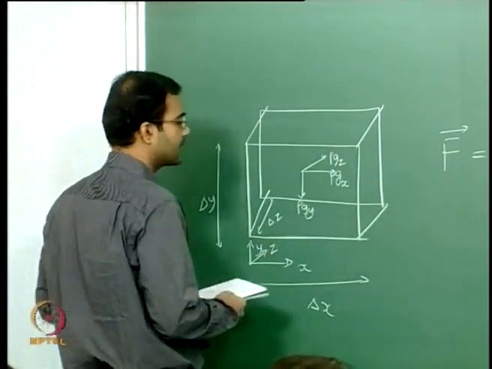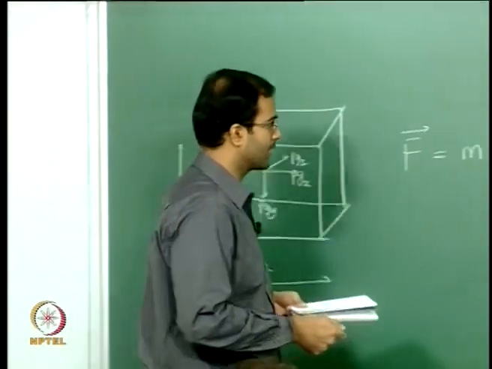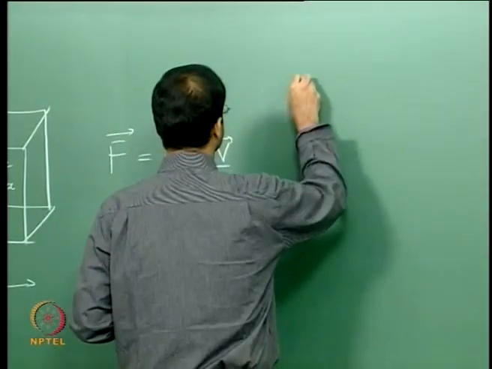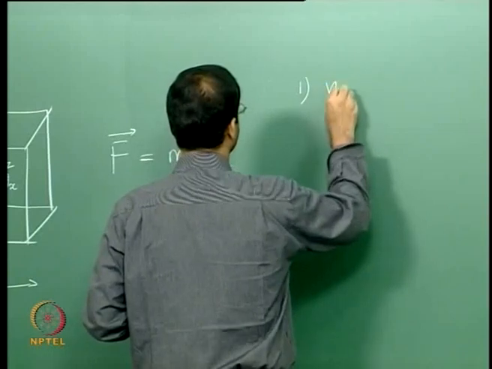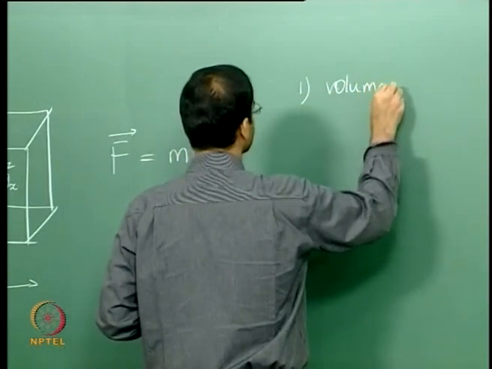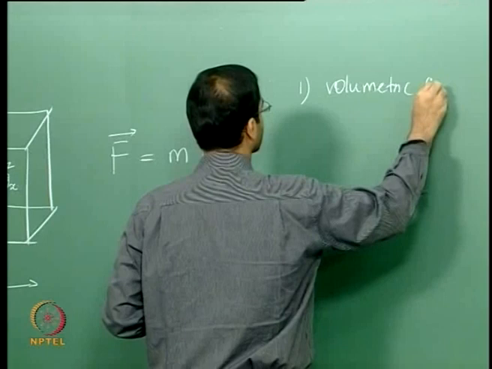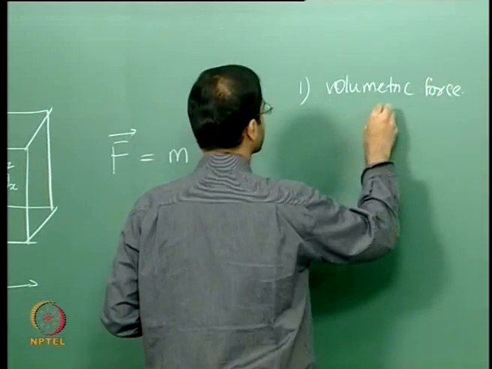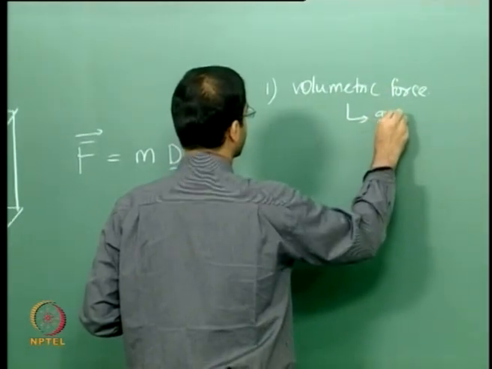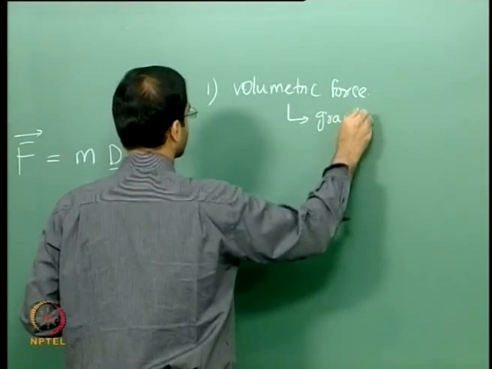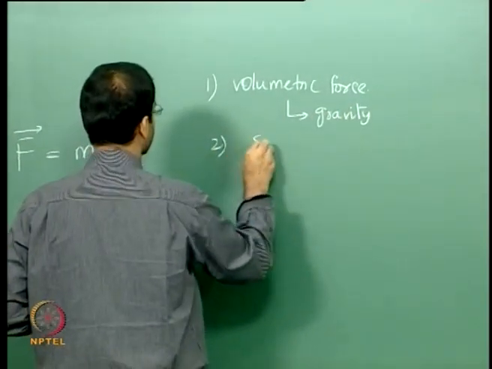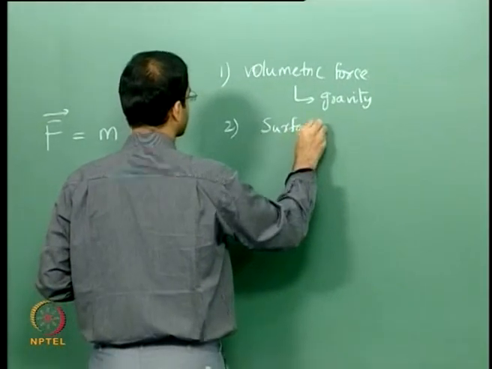Similarly, when we look at the influence of forces, as we discussed, there are two kinds of forces. One is your volumetric force, which includes of course in our case the gravity. Number two are your surface forces.